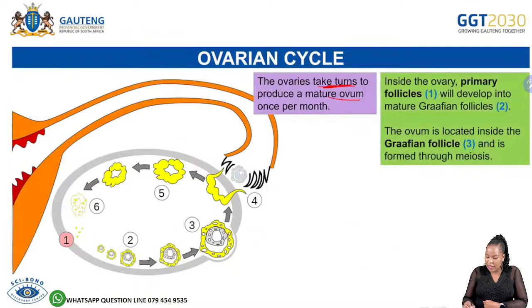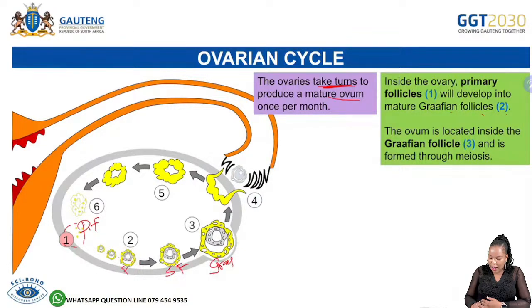Inside the ovary, the primary follicle will develop into a mature Graafian follicle. So we start at 1. You see this one here. This is what we are going to call our primary follicles. Our primary follicles are going to develop and become secondary follicles, until now they are called what?